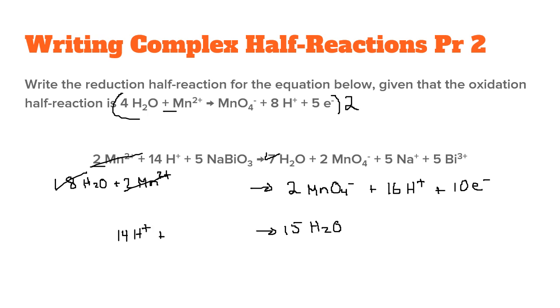And 5 NaBiO3 also just comes down. Now we already took care of the water. 2 permanganate minus 2 permanganate will cancel. 5 sodiums come down, plus 5 bismuth ions.